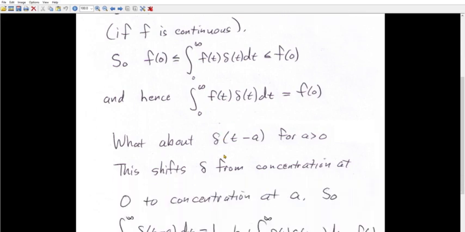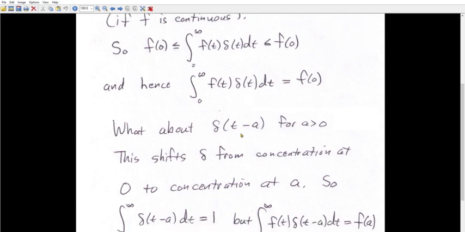Now, what about delta of t minus a when a is bigger than 0? Well, if we think about this thing, delta is concentrated at 0. So when t is 0, this thing turns on, and you get essentially unit area under the single point 0. This thing turns on, but it does not turn on at 0. It turns on when t is a, because then you'll have delta of 0.